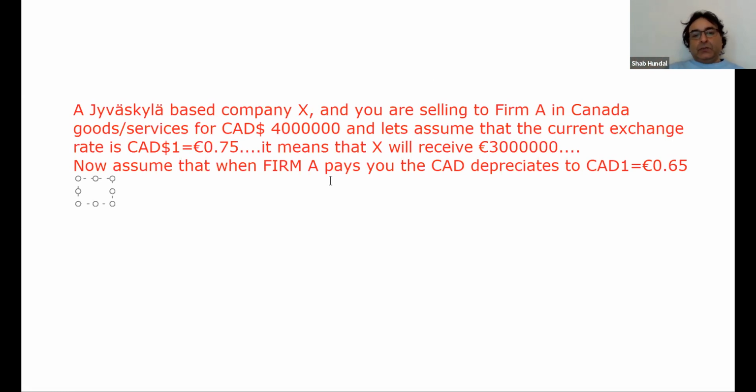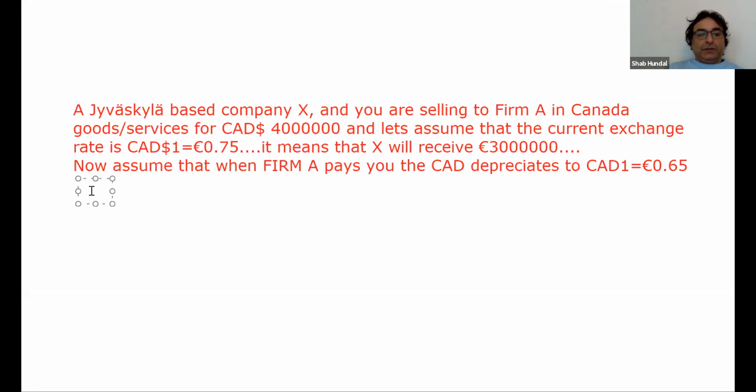It means that when you are going to get the 4 million Canadian dollars, on that day your Canadian dollar is not worth 0.75 euros, but 0.65 euros. It means the Canadian dollar has become cheaper in comparison to your local currency. Remember, you are in Finland and your local currency is euro.